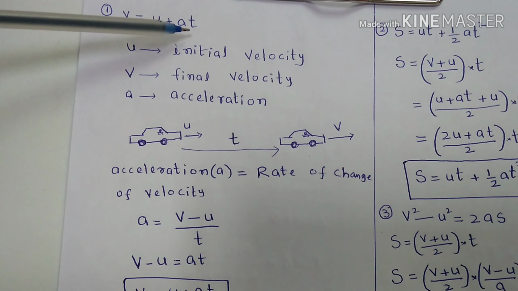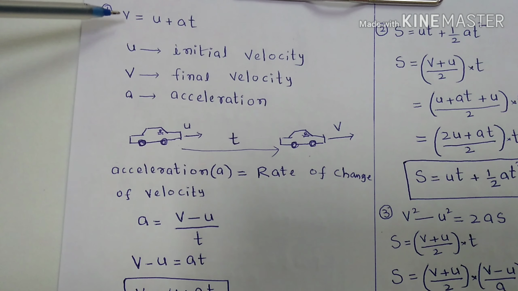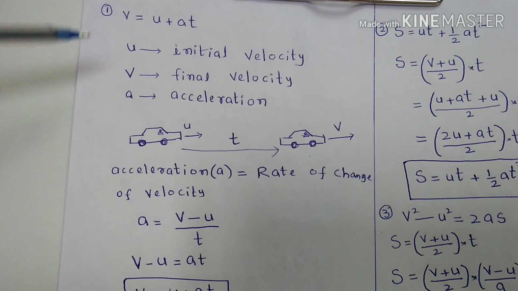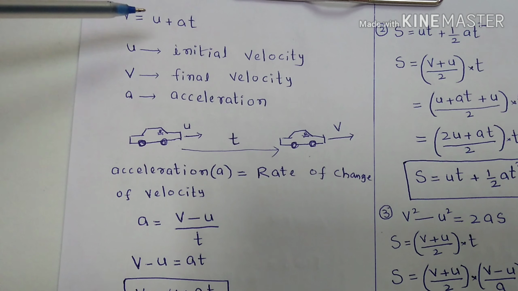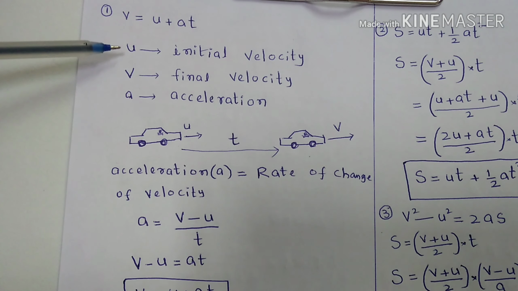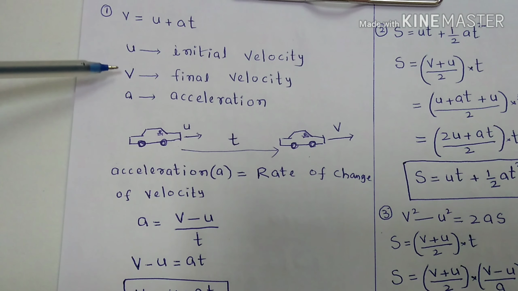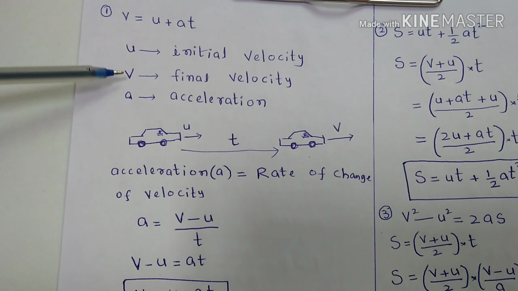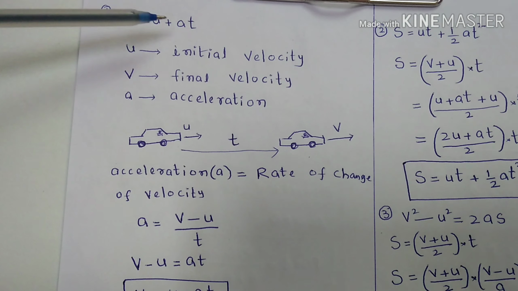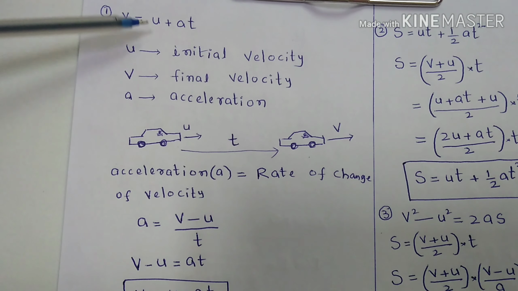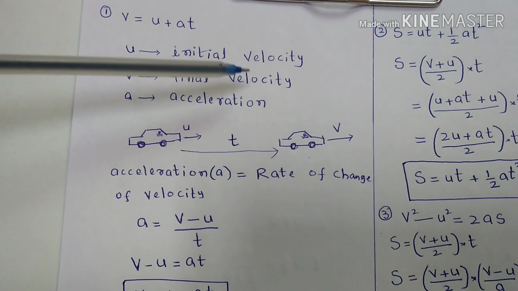At t equal to 0, the velocity becomes initial velocity. Hence I am calling this U initial velocity. V is final velocity. Why is it final? After some time t, its velocity changed to V. So V is final velocity.